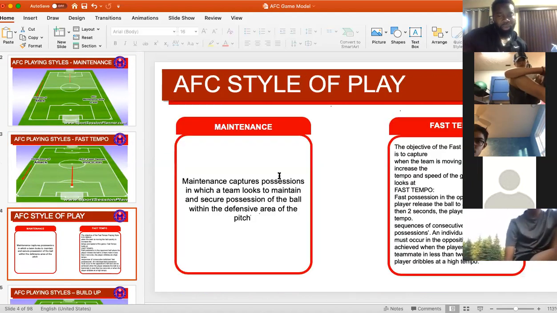So we got a definition for that. Maintenance is a possession in which a team looks to maintain and secure possession of the ball within the defensive area of the pitch. So that's in your own half.